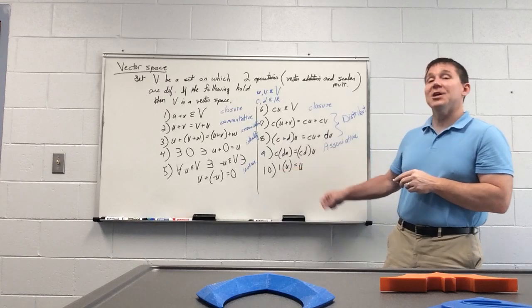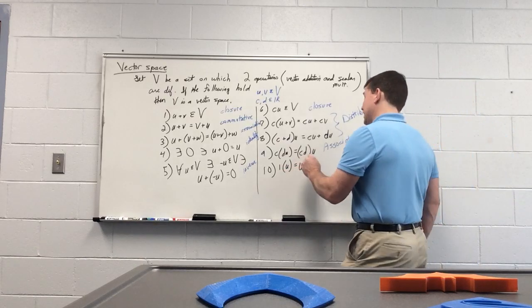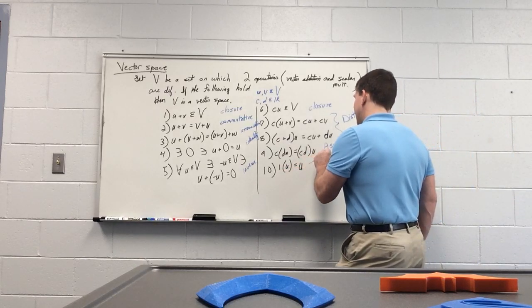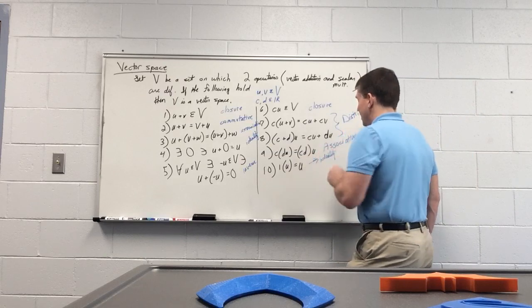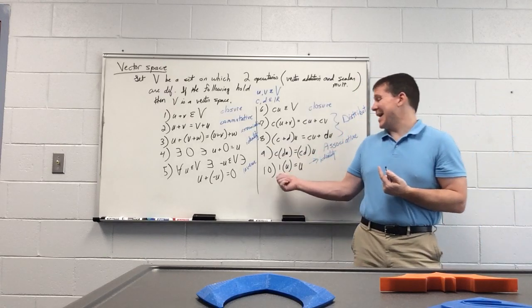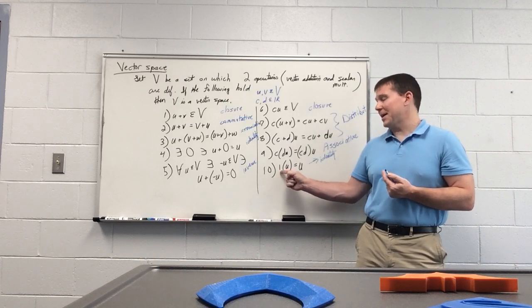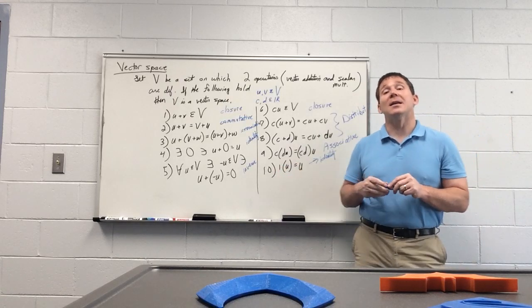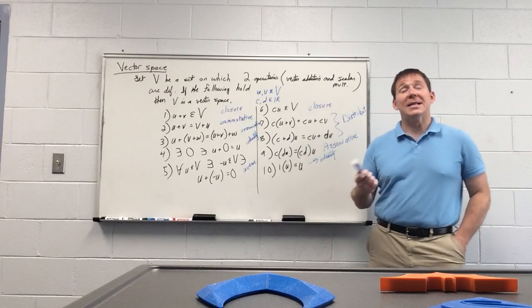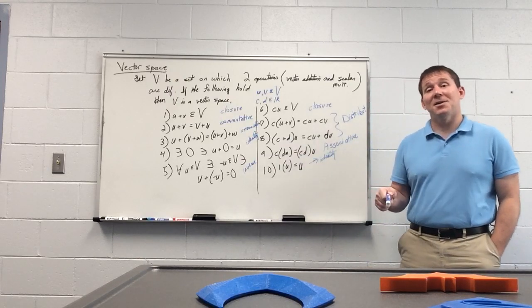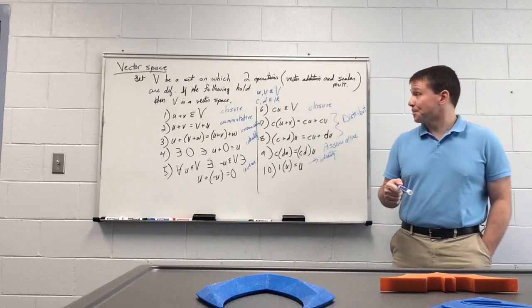And 1 times u equals u, which means I have an identity. And keep in mind, in this case, this is scalar multiplication. u is the vector, so that's the scalar 1. If I multiply the scalar 1, the number 1, times a vector, I get the vector I started with.